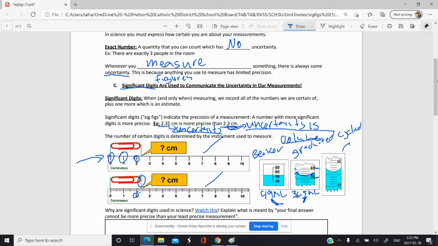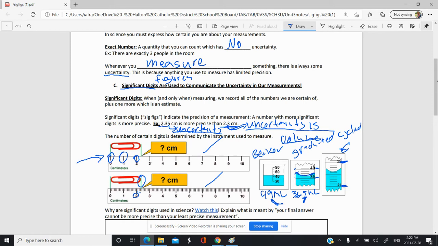Here's another tool that you'll learn about later on this year. This is called a Buret. And so when you measure the volume of the Buret, you kind of measure going this way, so 20 to 21 over here. I'm going to measure the other way for now just to show you what I mean so I don't confuse things. Let's keep the numbers going up actually. So 20 and then over here all the way down to 21 here.